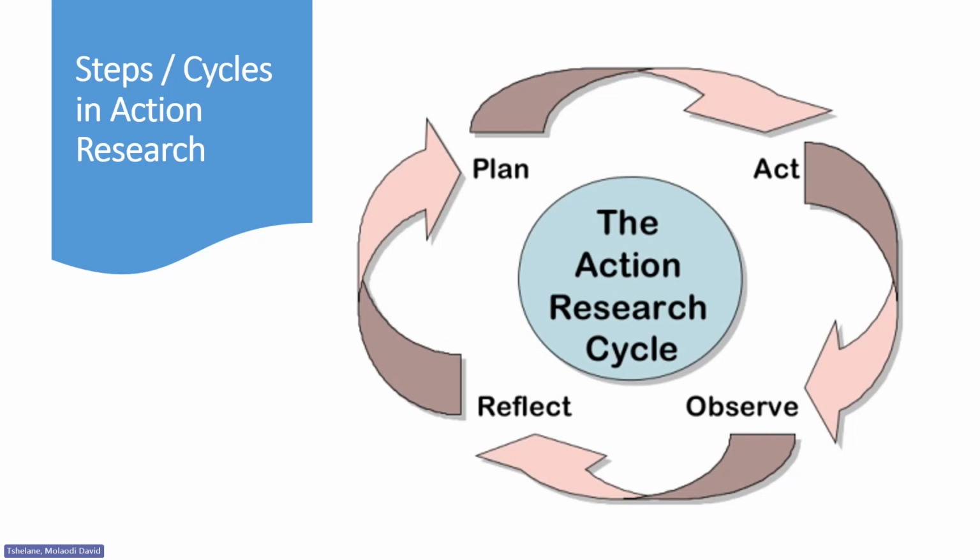Then you come back and you observe. In the observation, you check the things that we planned. Was it done? Was there action taken? Yes, it was taken. Or no, it was not taken. What could have been the reason? So they observe those kinds of things. And after the observation, they move into reflection.